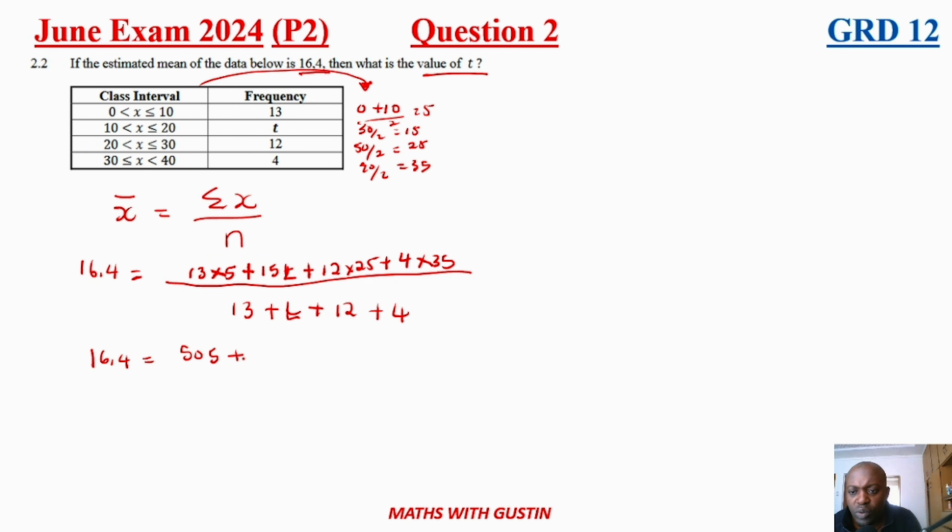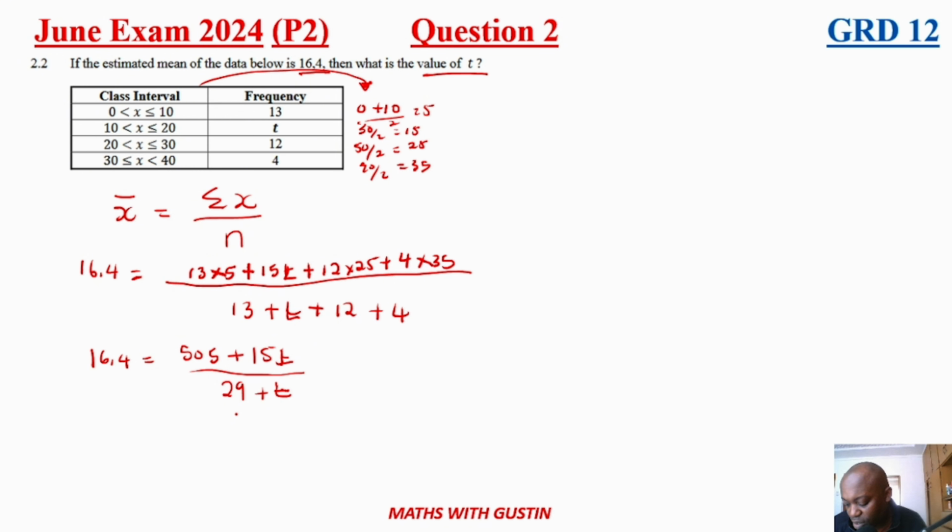I hope this is all right. Please double check my mathematics, guys. If I'm not doing it right, let me know what you think. And then when you add at the bottom, you're going to have 25 plus 4, which is equal to 29 plus t.